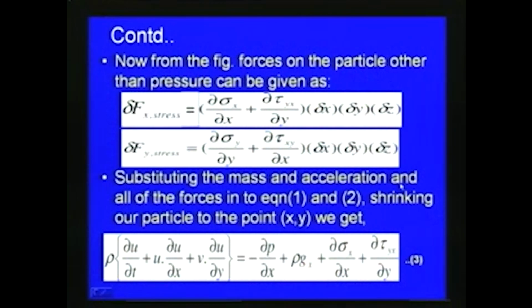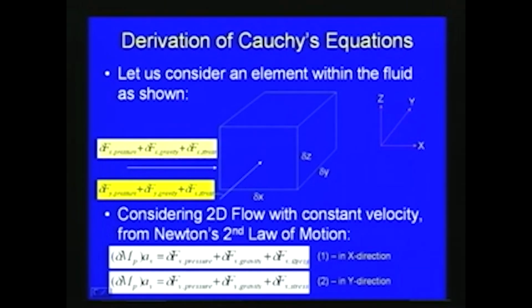Substituting the mass, acceleration and all of the forces into equations 1 and 2, that means we are writing the equations for two dimensional cases, and then shrinking our particle to the point x, y, as this figure shows, in the differential approach.